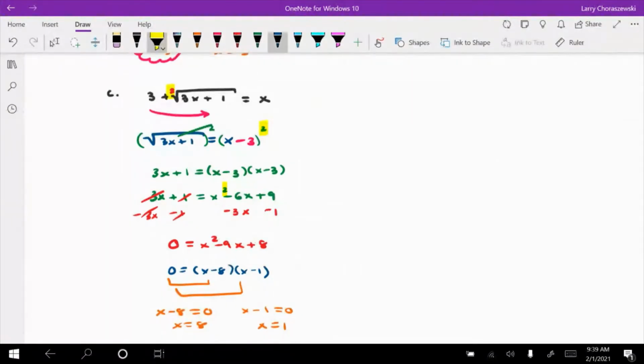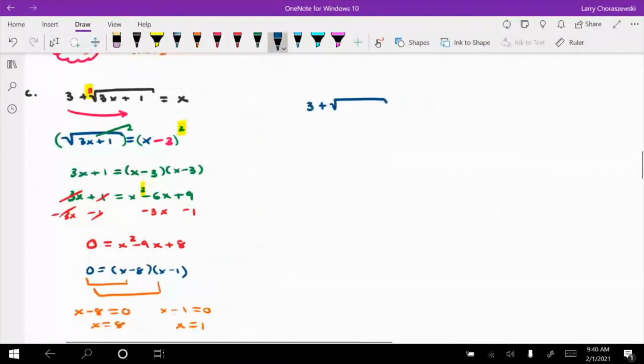Now, as I mentioned, if you get multiple solutions for an even index equation, you want to look out for extraneous solutions. So doing this graphically would help us to see whether or not we have any of them. So let's go ahead and look at the graphs.